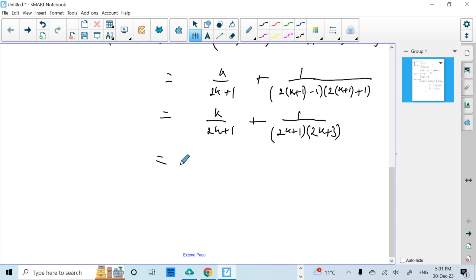Now, this is algebraic fractions, and of course we're going to multiply by 2k plus 3, isn't it? Because we've got 2k plus 1 in our denominators, so I've got k times 2k plus 3 over 2k plus 1, 2k plus 3, can't escape that.